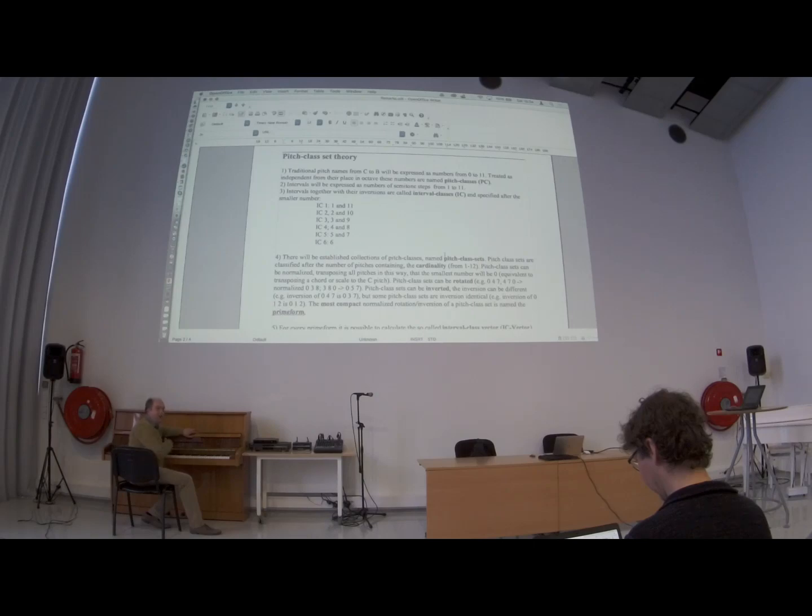And to formalize that, we have problems to calculate with traditional note names.